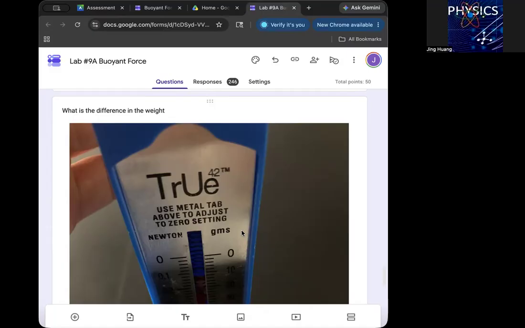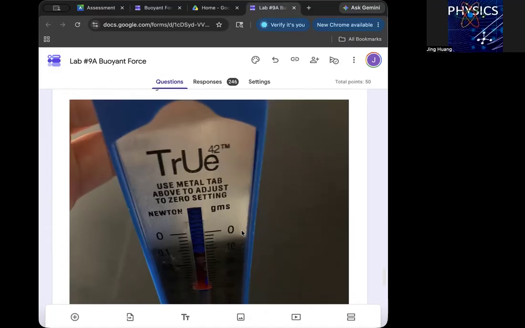This is what we call a material constant. There are three types of constant: universal constant, such as the speed of light; material constant, such as density of water; and object constant, such as the mass of the Earth or the mass of the sun.